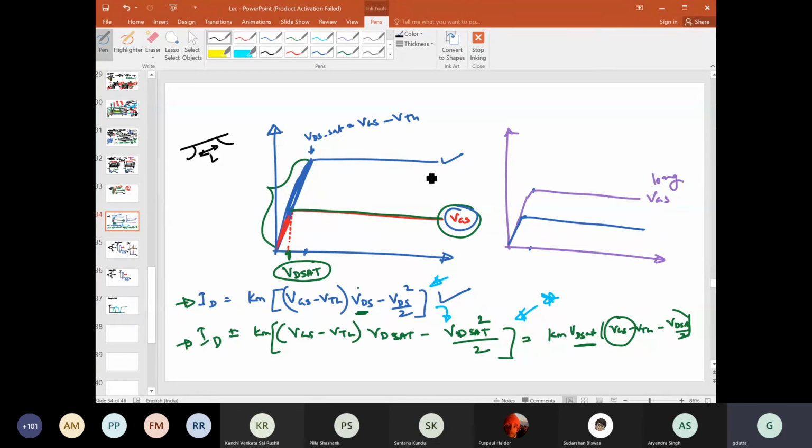But in the short channel case, if you consider the velocity saturation, beyond this point you cannot increase this VDS, because mobility can no longer be used. You have to use the saturation velocity after this point, because beyond this point you are reaching VSAT. So here the saturation will be bounded from here due to velocity saturation.